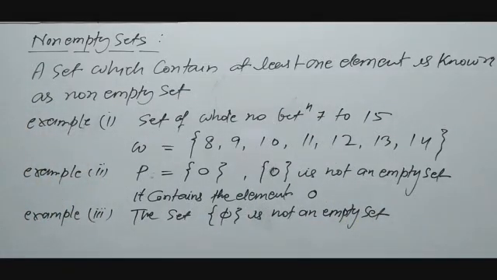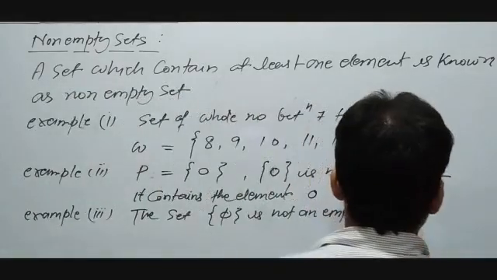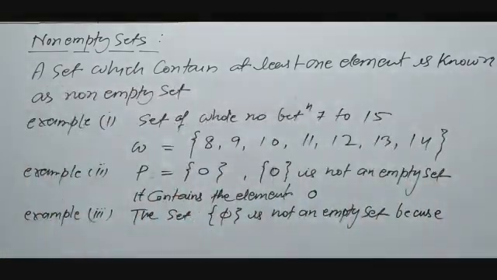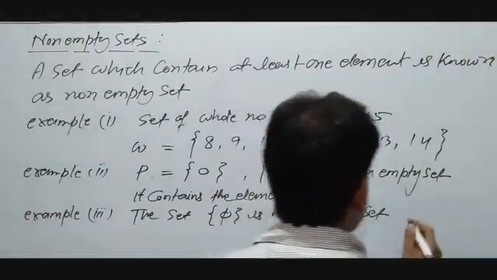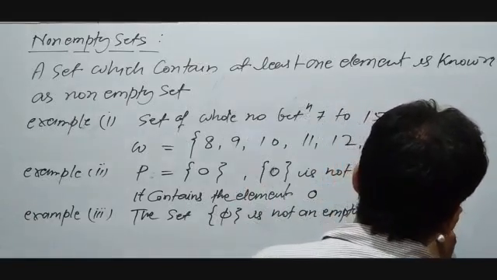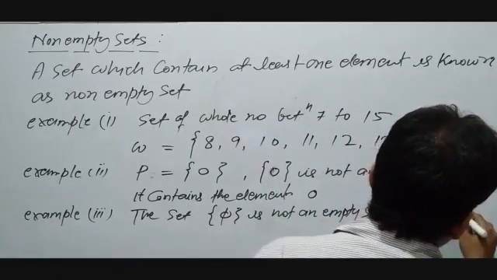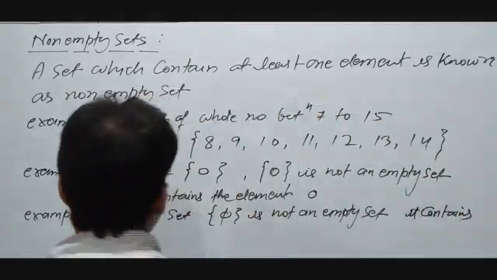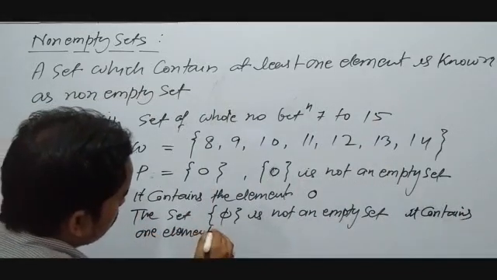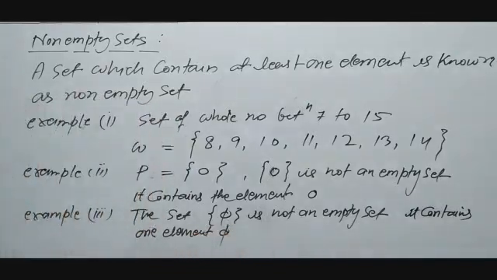What is the reason? Because it contains one element, phi, the empty set. Now this is the third example.